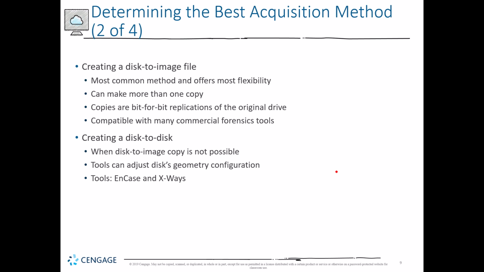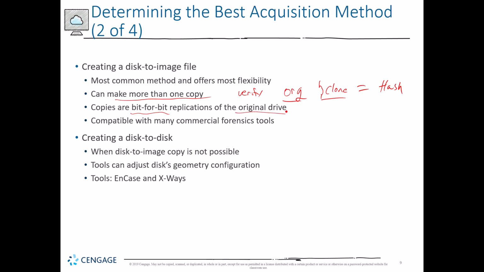And the nice thing is, you can make more than one copy, assuming you verify the original and the clone. And you do that through hashes. You'd hash the original and hash the clone, and you would compare the hashes. As long as they are identical, you're good to go. And that means you'd be doing a bit-for-bit copy of the original drive.